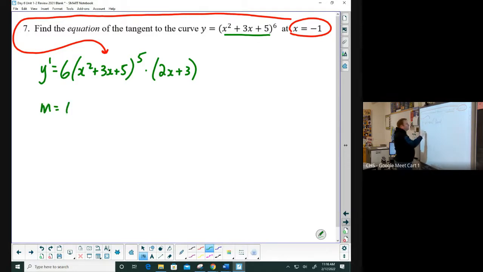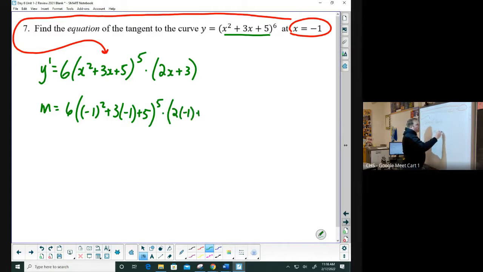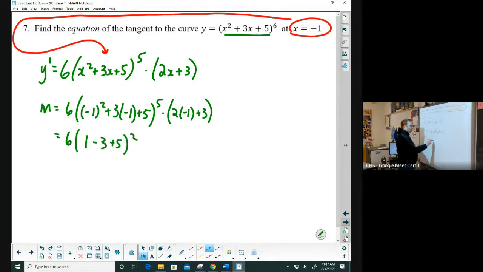So the slope is 6 times -1 squared plus 3 times -1 plus 5, to the power of 5, times 2 times -1 plus 3. -1 squared is 1, plus 3 times -1 is minus 3, plus 5 squared, times -2 plus 3. 6 times, this is going to be 3?